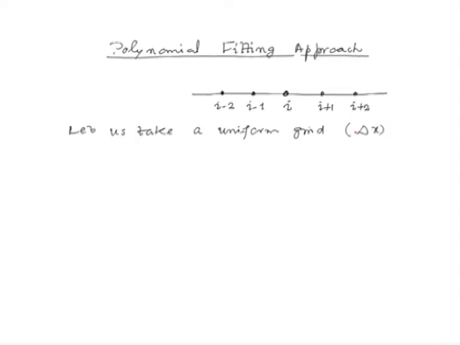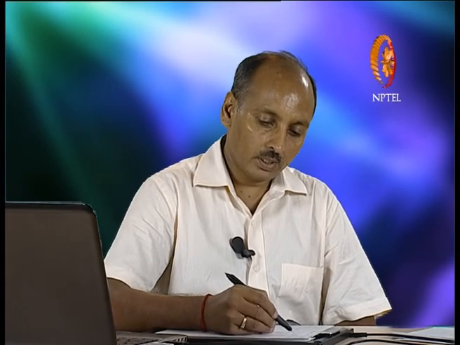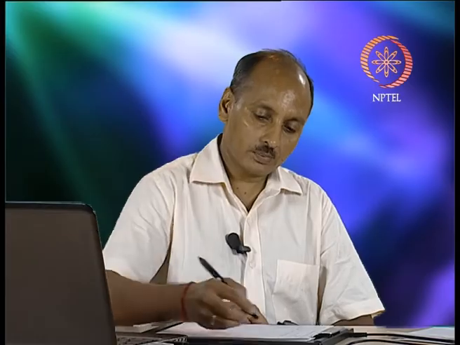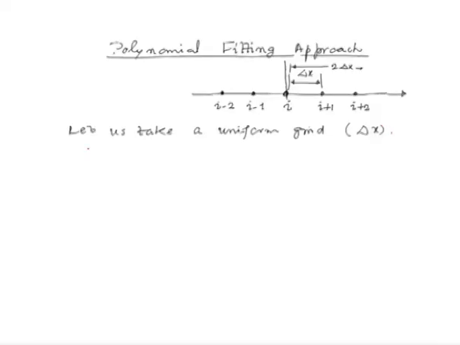With reference to point i, the spacing between i and i+1 would be delta x, and similarly the difference between i and i+2 would be 2 delta x, and so on. So if we choose our coordinate frame centered at the grid location xi, we can obtain the values of the coordinate differences for the different points for substitution in our polynomial. Now, let us write our fourth order polynomial fit.